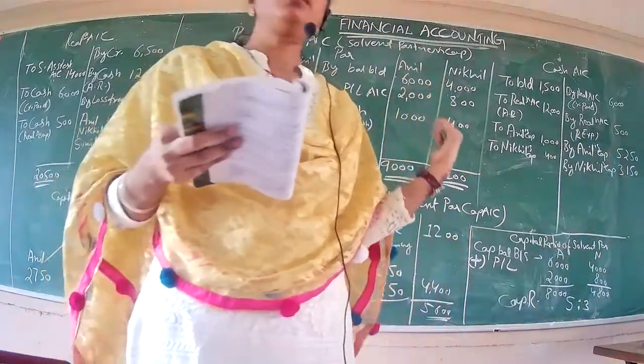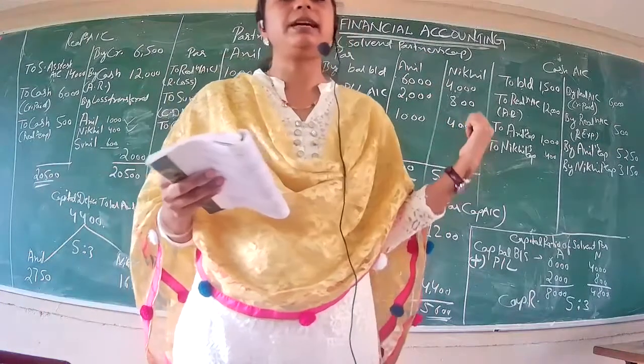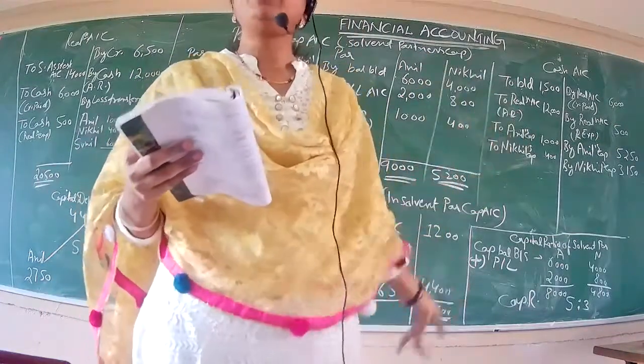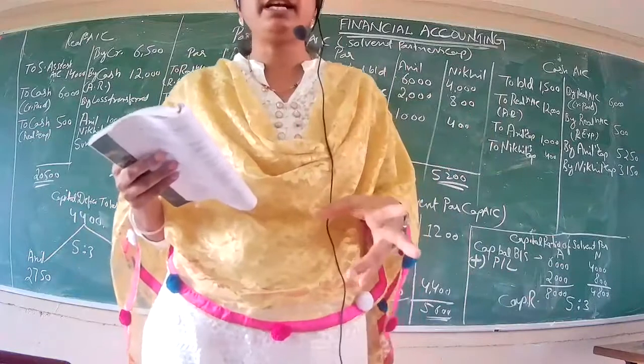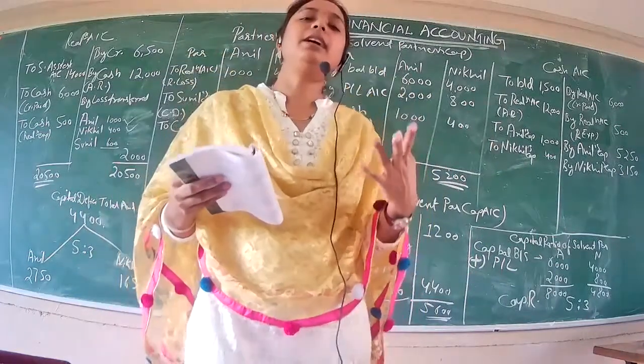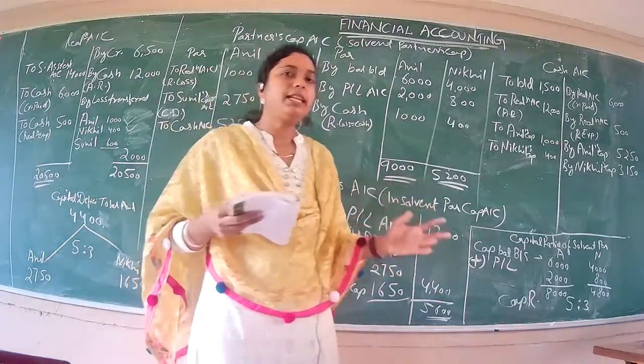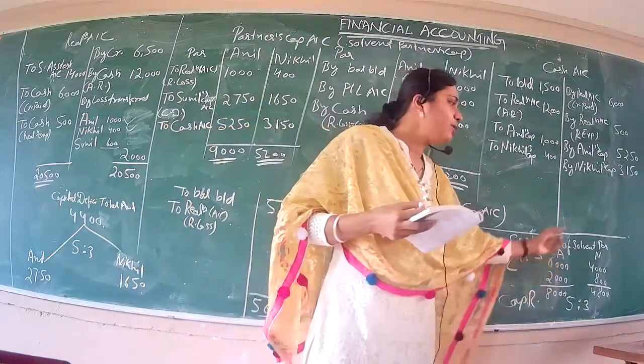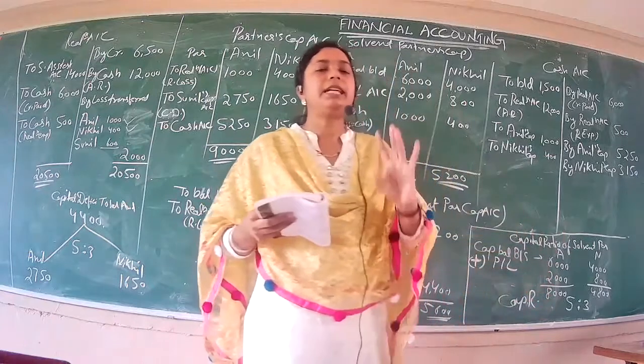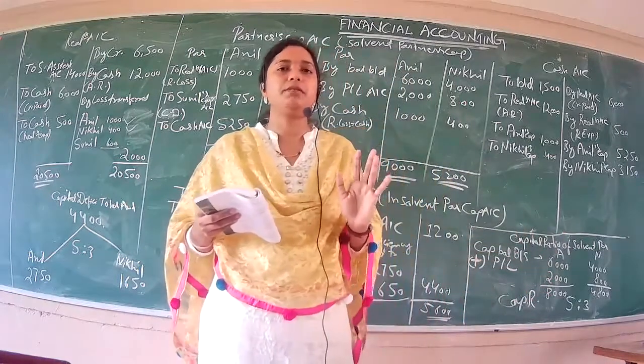And then we closed the insolvent partner's capital account, and we got the capital deficiency of 4,400. And to distribute that capital deficiency, we calculated the capital ratio of the solvent partners' capital, which is standing just before the dissolution of the firm.